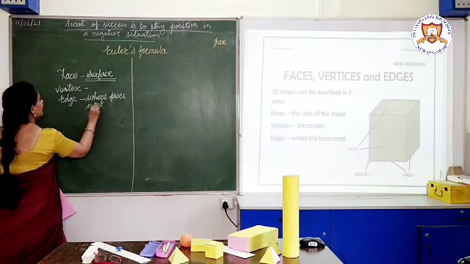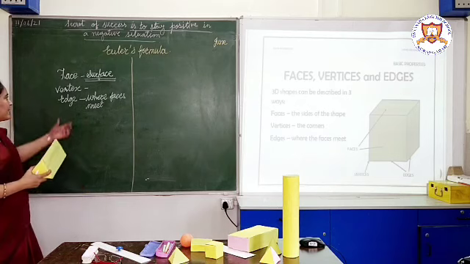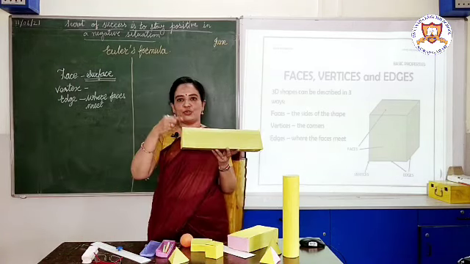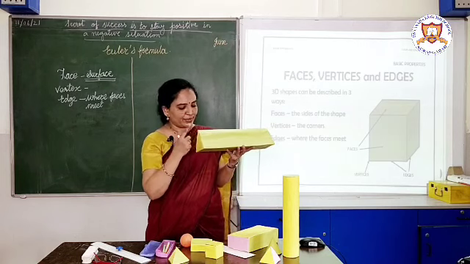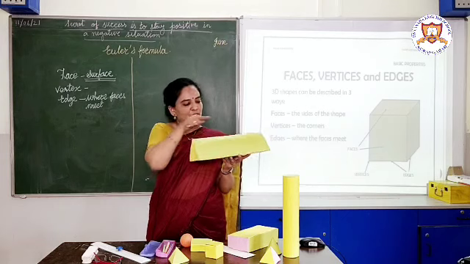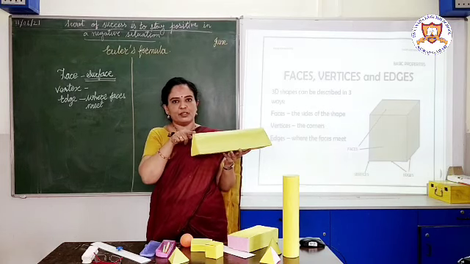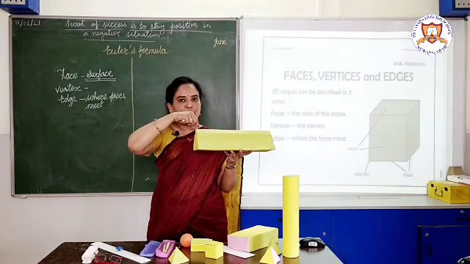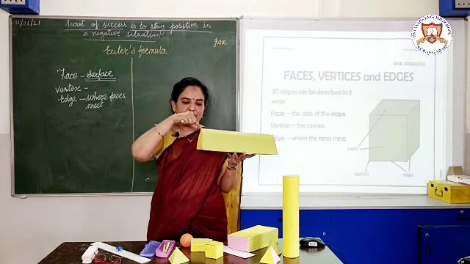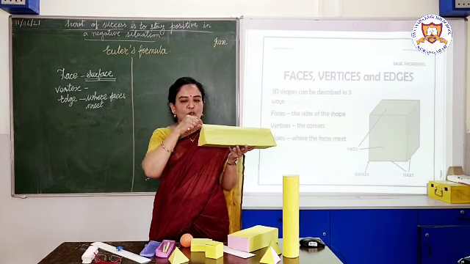Okay. Now next, vertex. Vertex means what? Where the edges meet each other. For example, see this pyramid only. This edge is coming here and this edge is coming here, and they are meeting each other at one point. This edge is also meeting them. They are intersecting here and making corners.